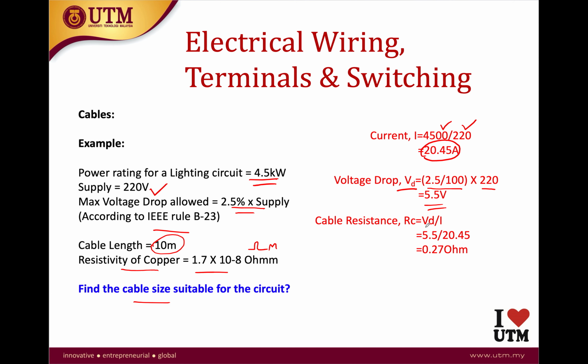Using Ohm's law, V equals IR, so to get R you have V over I. With the allowed voltage drop of 5.5 volts and the current being drawn, the cable resistance should be 0.27 ohms.